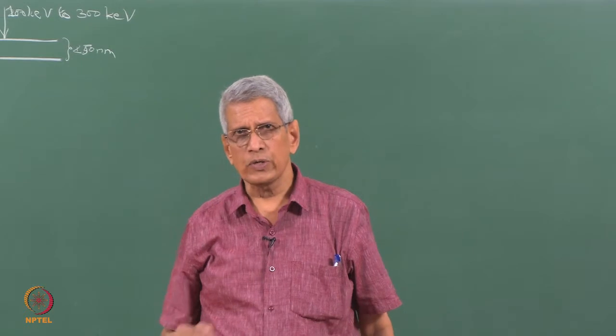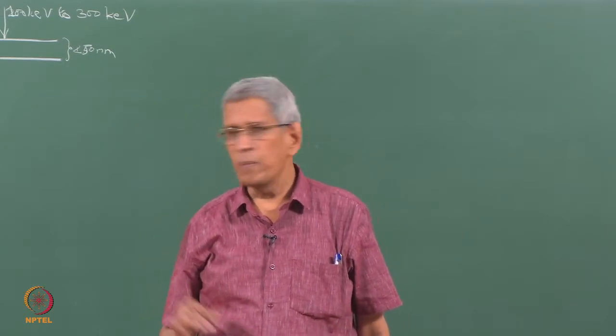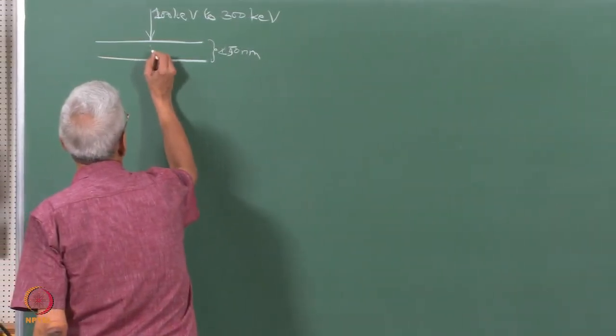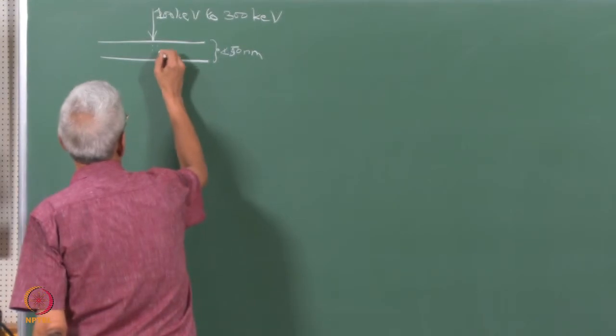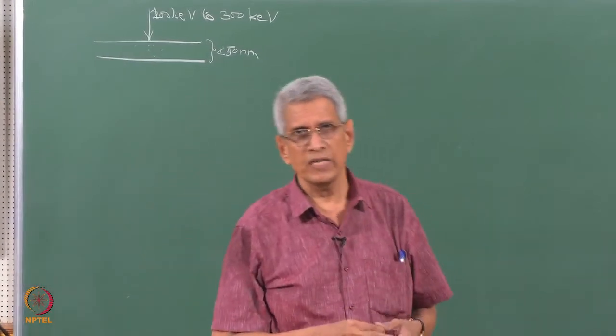But in addition to it, a few electrons lose some energy by interacting with some of the atoms present in the sample. This is a statistical process. For each of these interactions, there is some cross section associated with it.